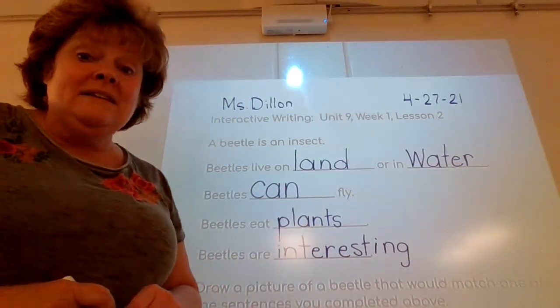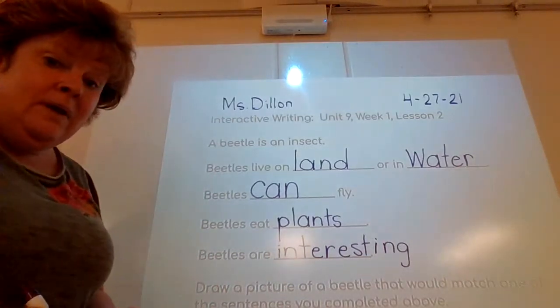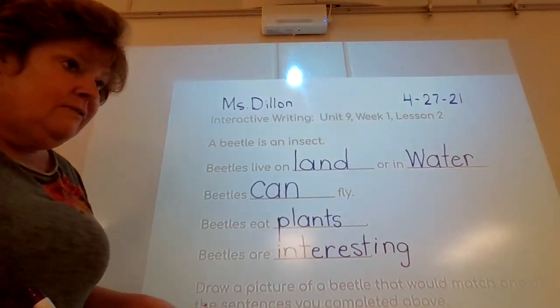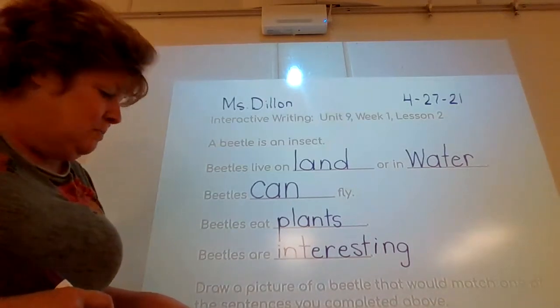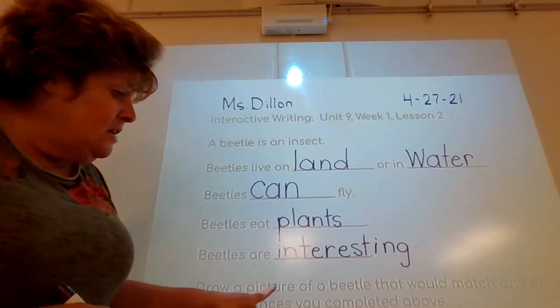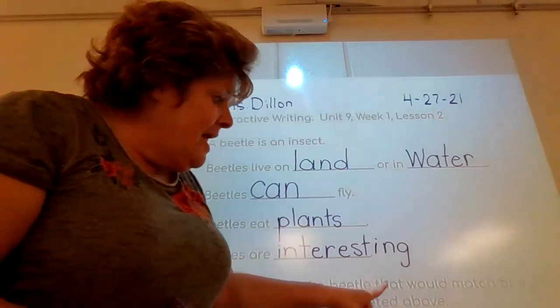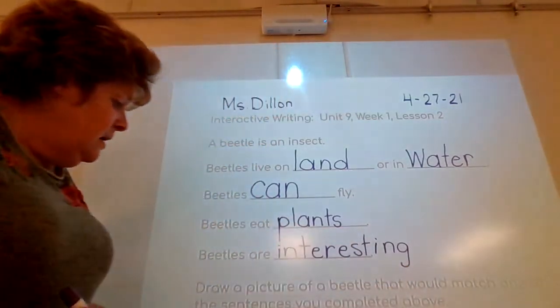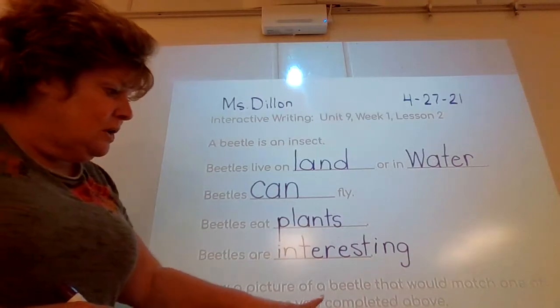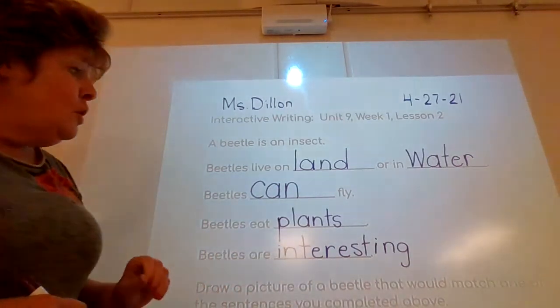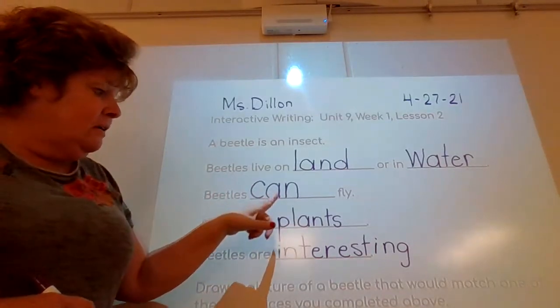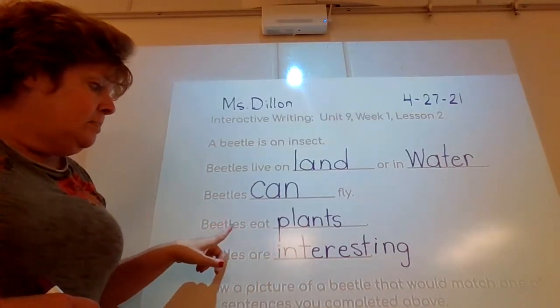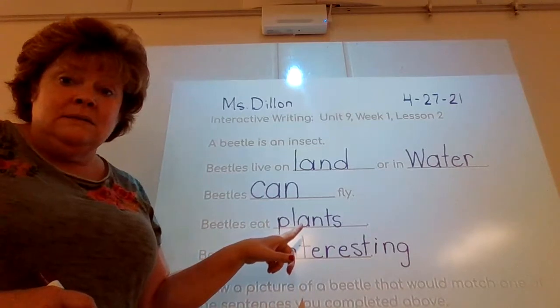Now what I would like to have you do at the very bottom, and you can't really see mine very well because I moved my paper down so you could see it better on the computer, but it says draw a picture of a beetle that would match one of the sentences you completed above. So you can make a beetle that's flying. You can make a beetle that's eating plants.